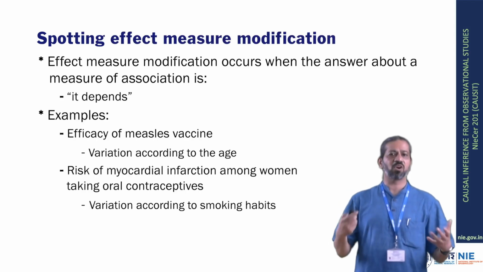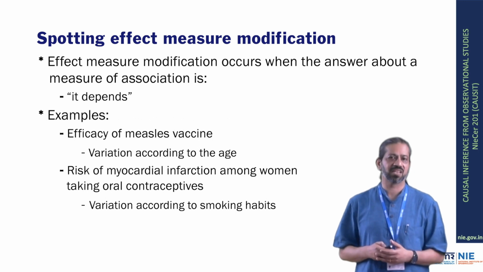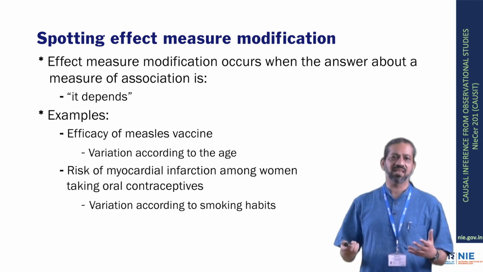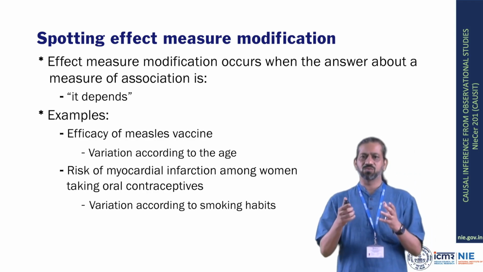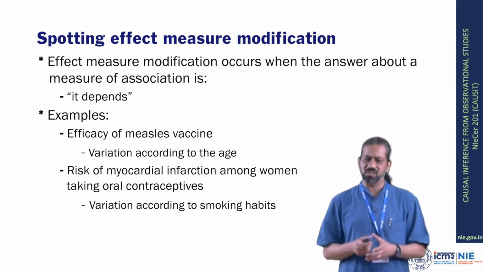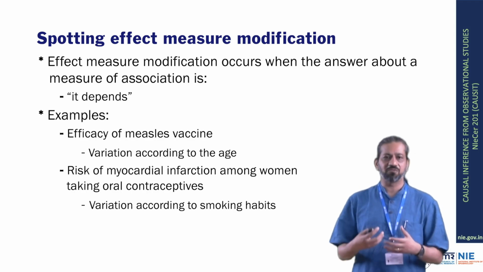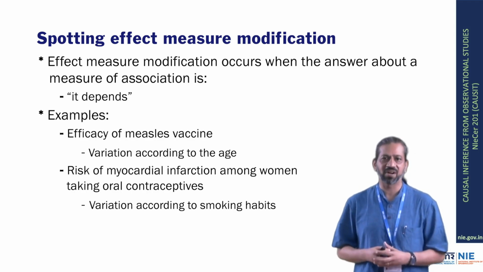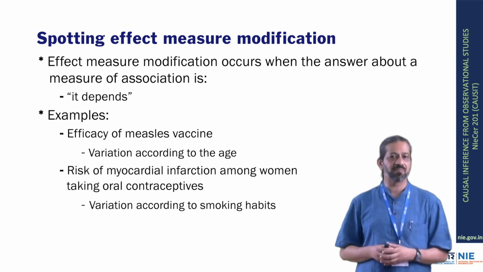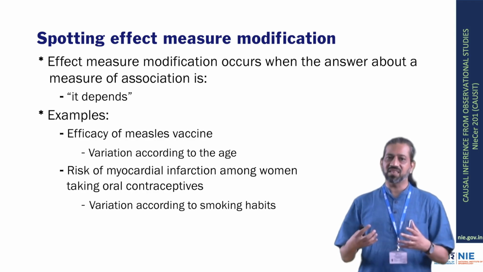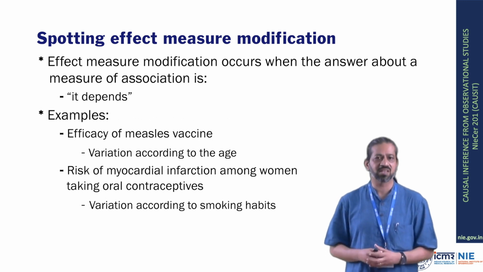Now, how do we spot or identify that there is effect measure modification happening in our study? We can say that effect measure modification occurs when the answer to the question on the measure of association is, it depends on the presence or absence of this third factor or modifier in the study. For example, if we wanted to estimate the efficacy of, say, measles vaccine in children, we would see that the efficacy of the vaccine actually differs or varies according to the age of the children.